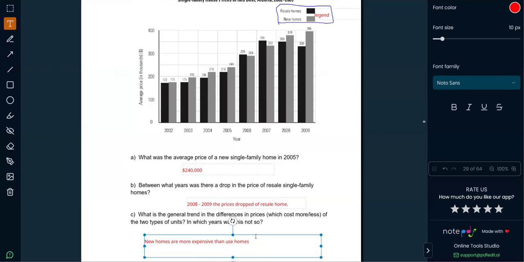In which years was this not true? Again, so when did resale homes become more expensive? 2006 and 2007. Except in 2006 and 2007. And if we want to look at what's a general trend in general, overall, the price of houses is increasing.